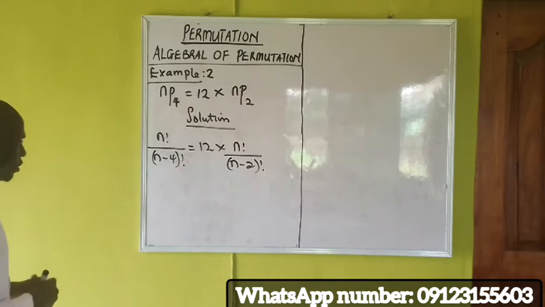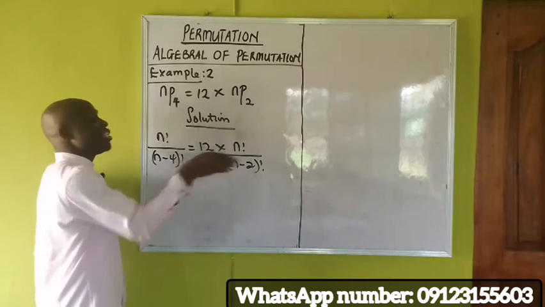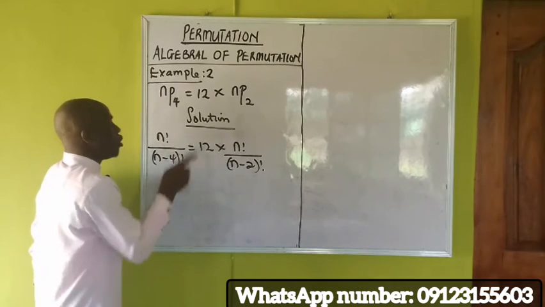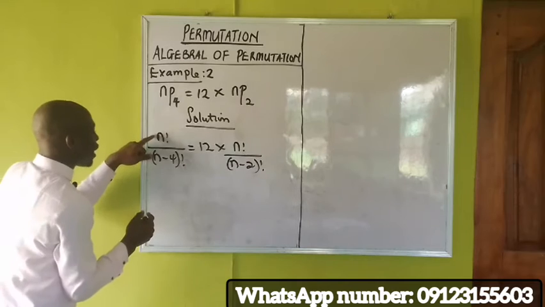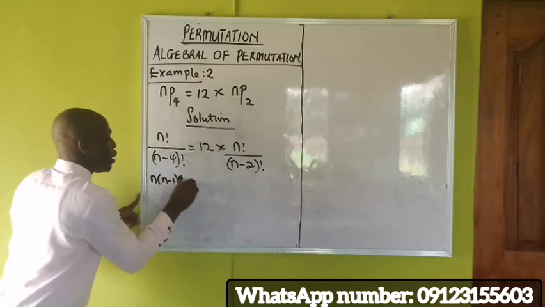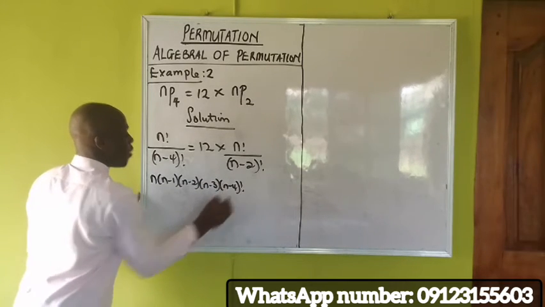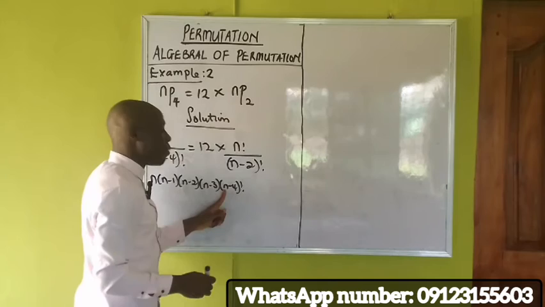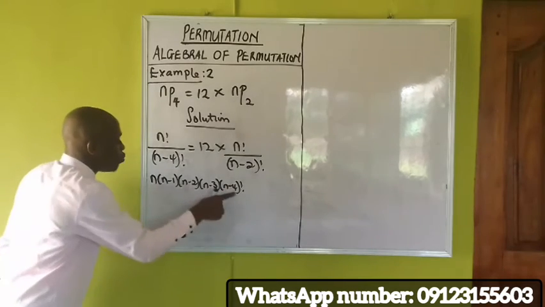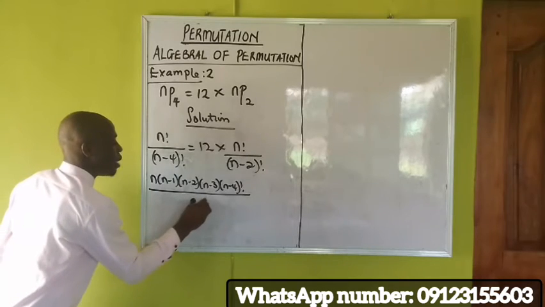So I'll expand n factorial to reach n minus 4 factorial. So we said this can be written as n into n minus 1, n minus 2, n minus 3, n minus 4 factorial. It continues, but I will stop here because I want this to cancel out with this. So over, I have n minus 4 factorial.